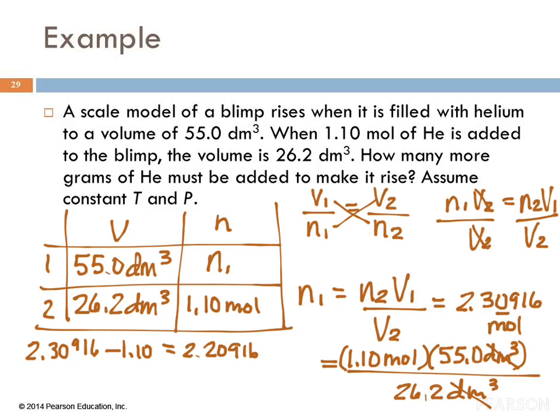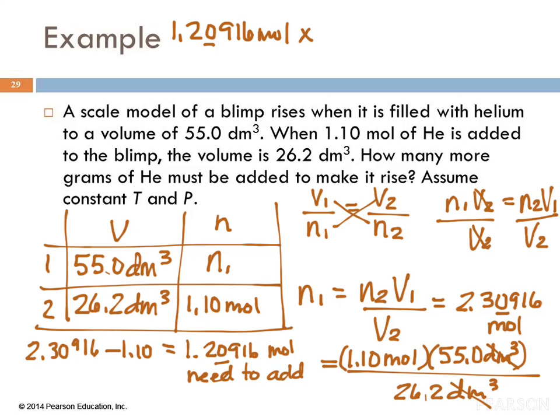Yes. I can't even pick up an eraser. Thank you. And that's moles. Those moles need to be added. But the question wants to know mass in grams. Periodic table. Let's throw this up here. 1.20916 moles.